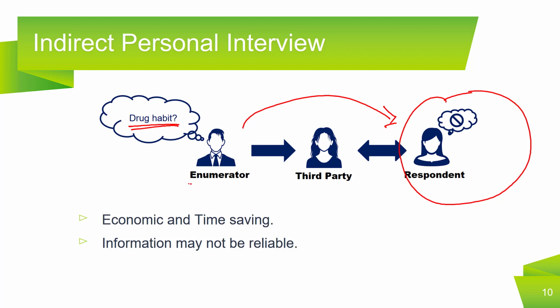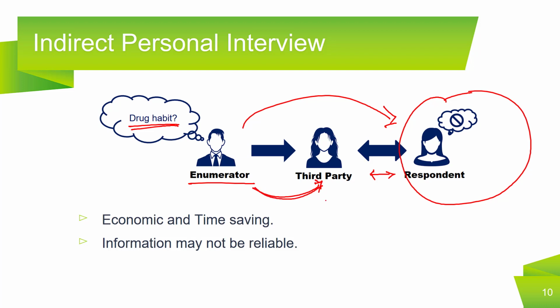So in such a case, the enumerator takes help from a third party. And this third party should be very close to the respondent and should have adequate knowledge about the respondent. It may be a friend, family member, doctor, neighbor, etc.